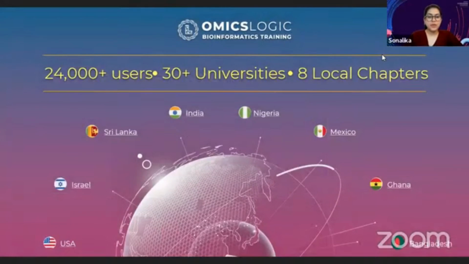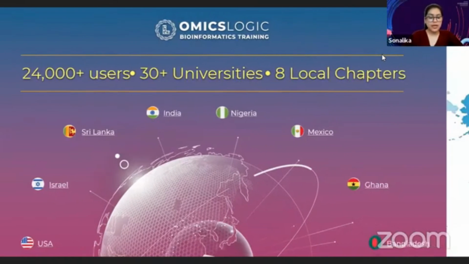The OmicsLogic training has been completed by over 24,000 participants from 187 countries in over 500 workshops. And due to this fast growth, our team is now working with local and regional coordinators that are helping refine the local program logistics and leverage our online training resources, adapting them to the needs of students and researchers around the world.